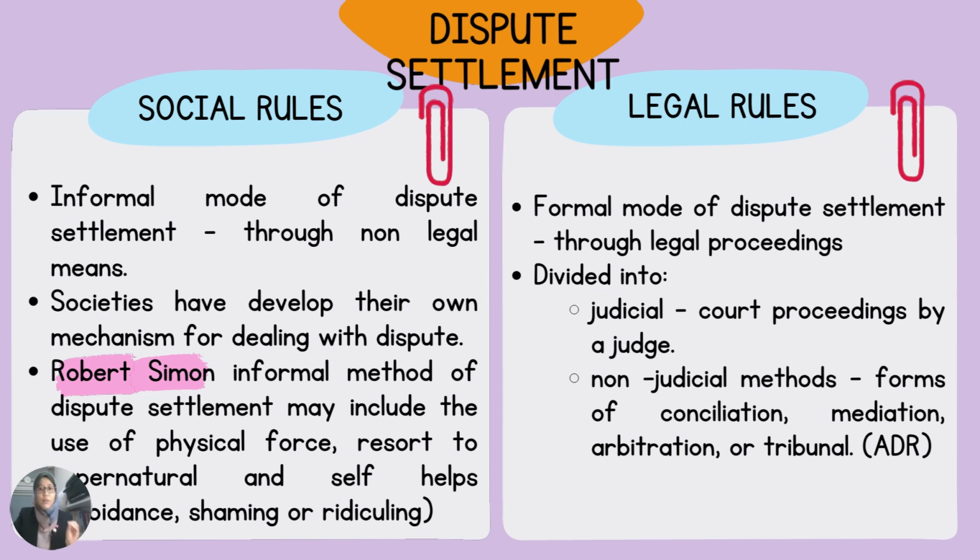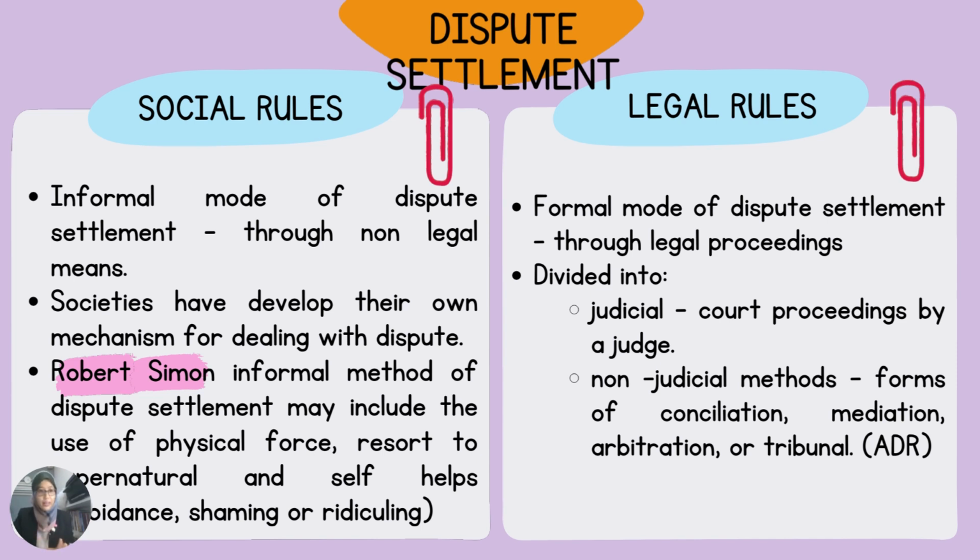For example, when someone hits or bumps you by accident without saying sorry, you settle the dispute by self-help. For example, you avoid that particular person, you critique the action. So that is dispute settlement under social rules.